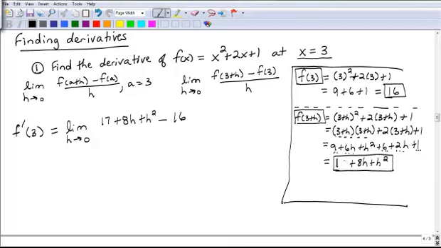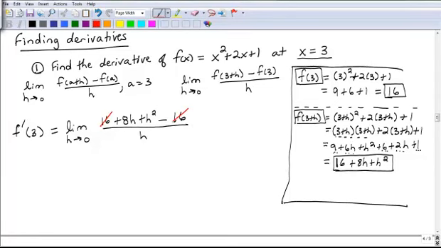Having trouble here adding for some reason. Yes, 9 and 6 and 1 is 16. So 16 plus 8h plus h squared minus 16 over h.